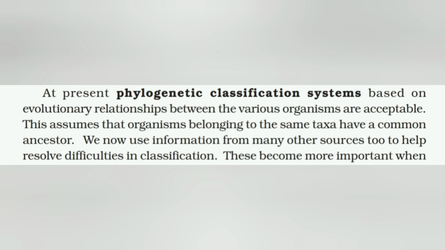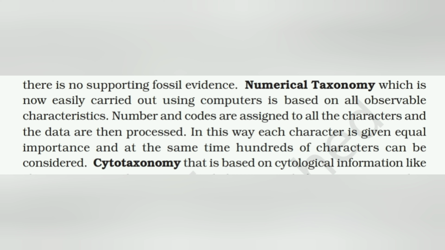We now use information from many other sources too to help resolve difficulties in classification. These become more important when there is no supporting fossil evidence. Numerical taxonomy, which is now easily carried out using computers, is based on all the observable characters. Numbers and codes are assigned to the characters and the data are then processed.